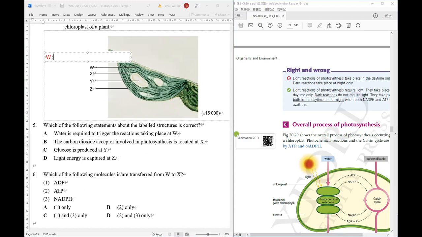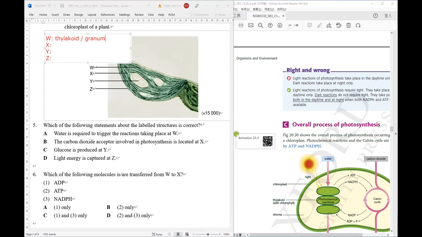For W, we call this the thylakoid, or the granum.